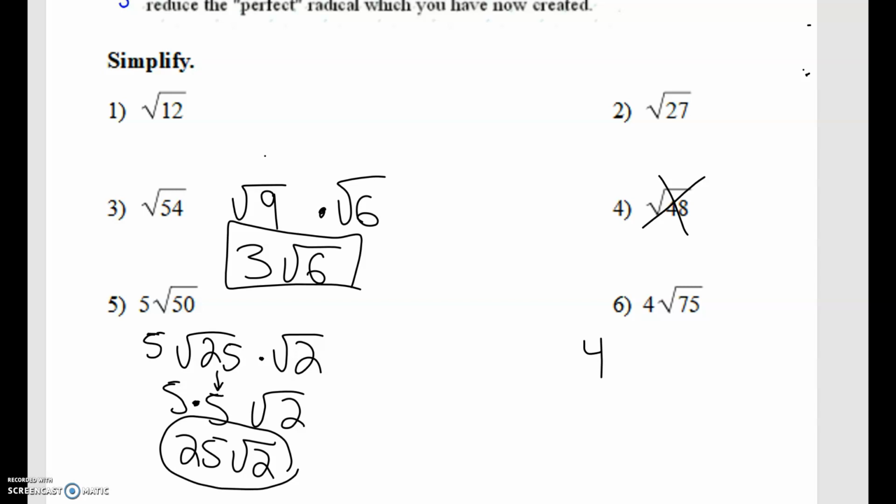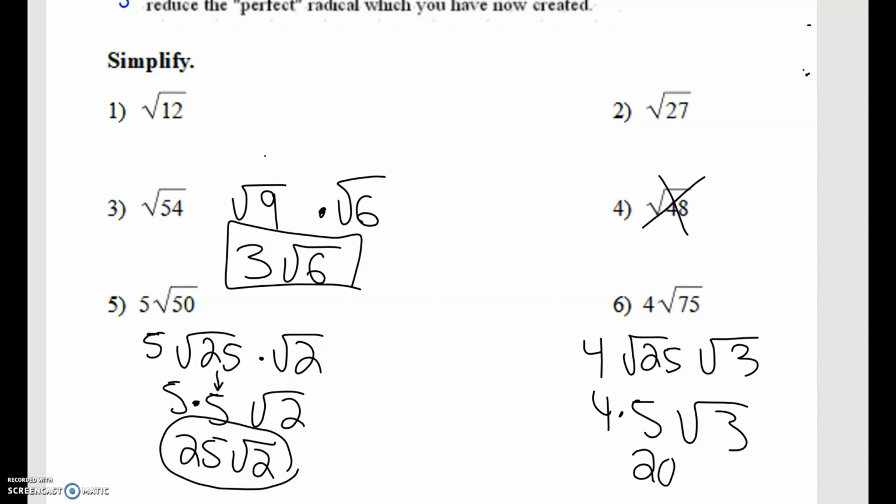You have to make sure that one of your factors is a perfect square. So 25 and 3. 25 is going to come out as a 5, and remember, we multiply if there's something on the outside of it. So 4 times 5 is 20, so my answer would be 20 root 3.